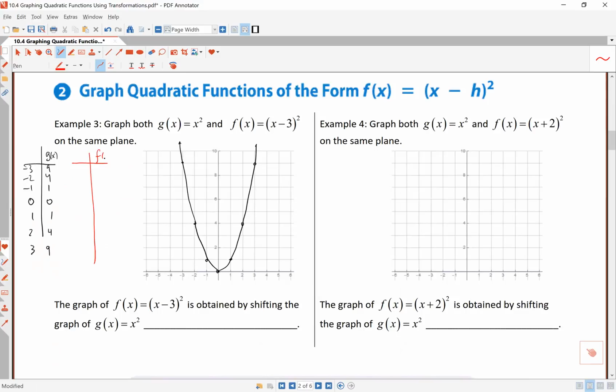Our new graph, f of x, says to plug in the x and subtract 3 from it. So if we plug in 0, we'll have 0 minus 3 squared, which is 9. Plugging in 1, we'll have 1 minus 3 as negative 2 squared is 4.